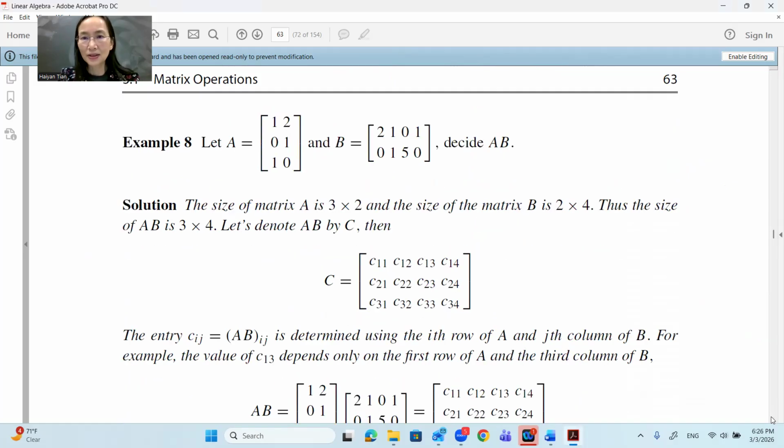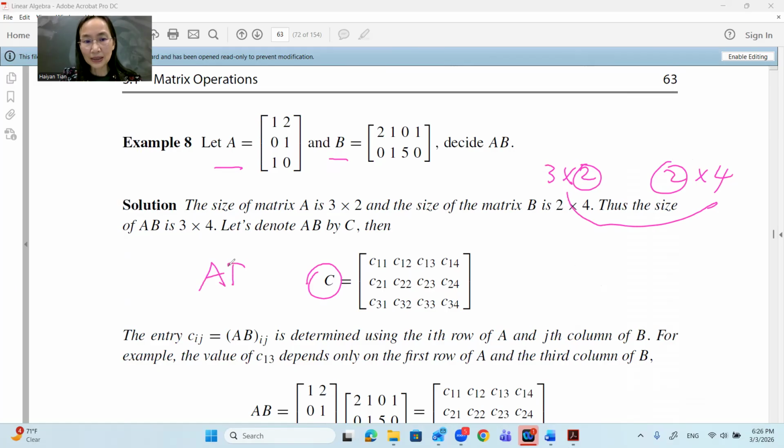So let's look at an example. A, B are given. As you can see, A is the same A, 3 by 2. B is 2 by 4. And I know the product matrix will be, because these two numbers are equal, 3 by 4. Instead of calling it AB, I call it C, which is the same, just a different letter to represent the product.